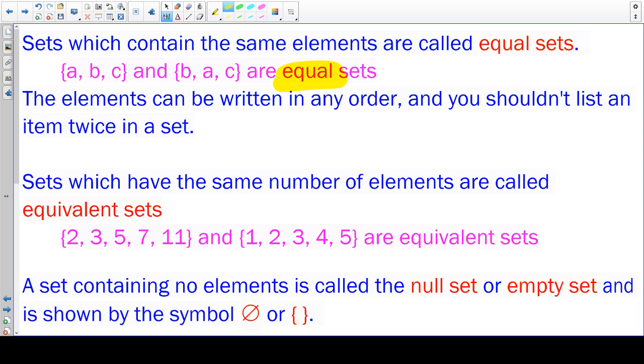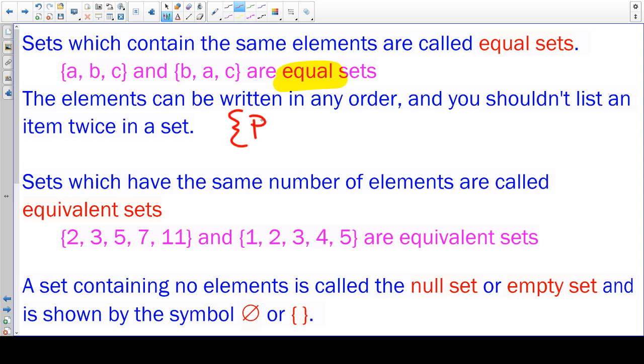The elements can be written in any order, but you should never list an item twice in a set. So you wouldn't write this, okay? Like, say, let's say I was to write out the video games that I played last night.